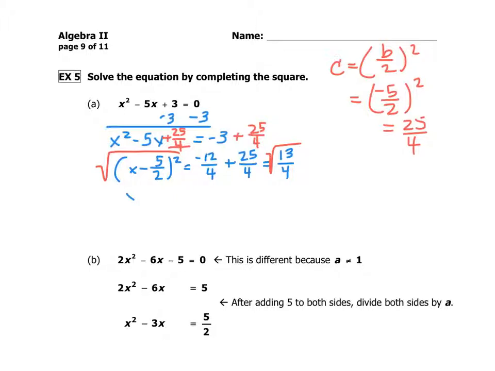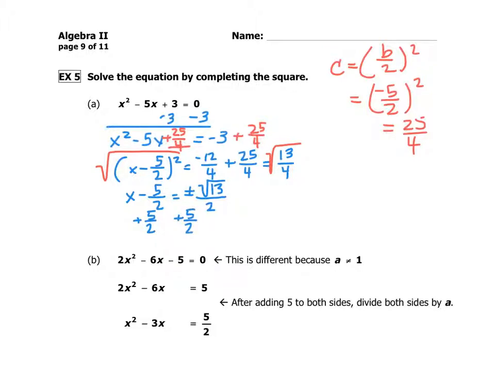So now we have x minus 5 over 2 equals plus or minus the square root of 13 over the square root of 4. But what's the square root of 4? 2. Last step, get the x by itself. Add 5 over 2 to both sides of the equation.